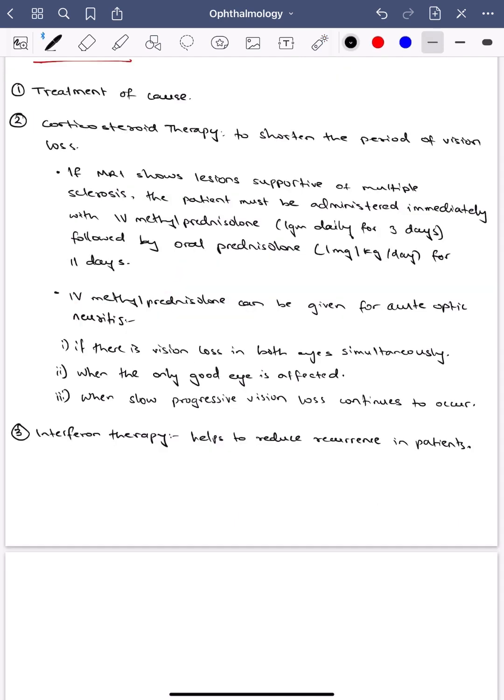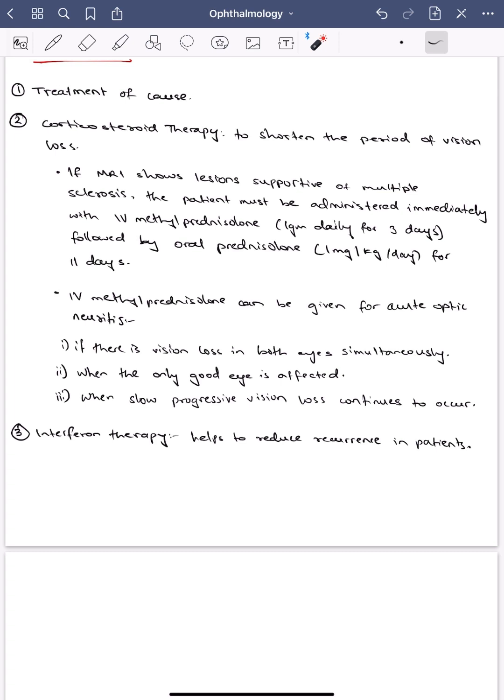Now IV methylprednisolone can also be given for acute optic neuritis in the following cases. That is, if there is vision loss in both eyes simultaneously, when the only good eye is affected, and when there is slow progressive vision loss which continues to occur.